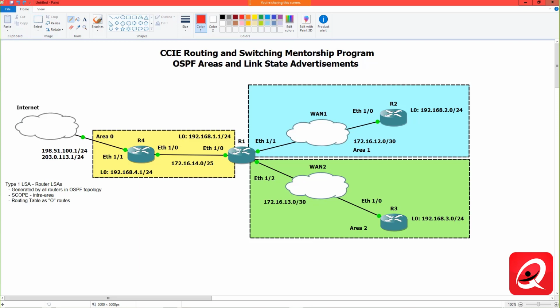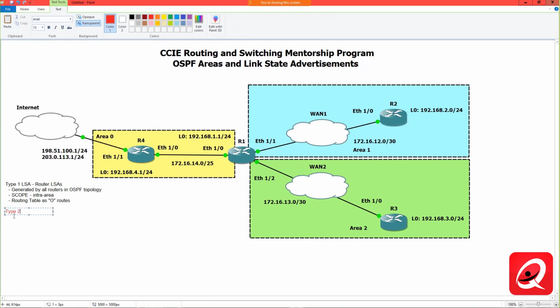Type 2 LSAs, all right? Type 2 LSAs, these are called network LSAs, and they are generated by designated routers in the OSPF topology.